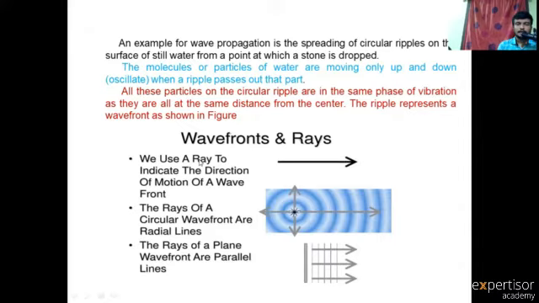We use a ray to indicate the direction of motion of a wavefront. The rays of a circular wavefront are radial lines.